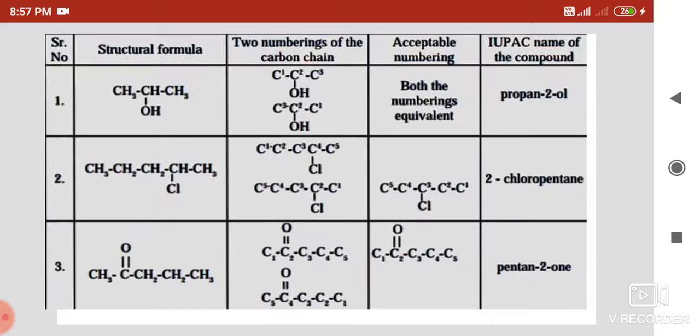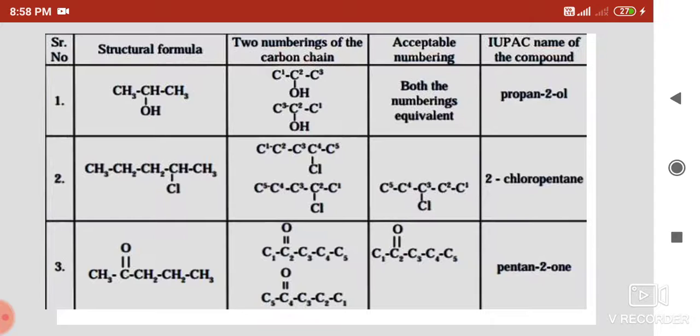Similarly, now the third example is given. In that there is some spelling mistake: the double bond O should be given to the carbon which is written only as C. You can see it clearly in the slide, where that carbon is called the CO group. So we have to number from left to right and right to left.